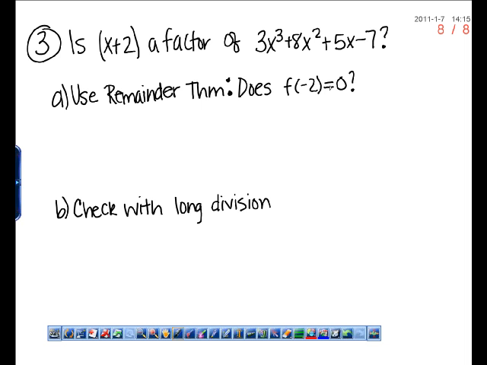That's one way to find out if this is a factor. So 3 times negative 2 cubed plus 8 times negative 2 squared plus 5 times negative 2 minus 7. Go ahead and see what that's going to give me.